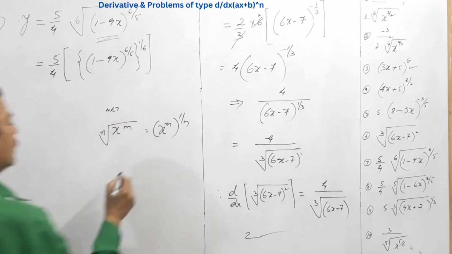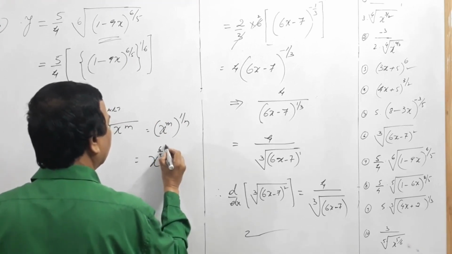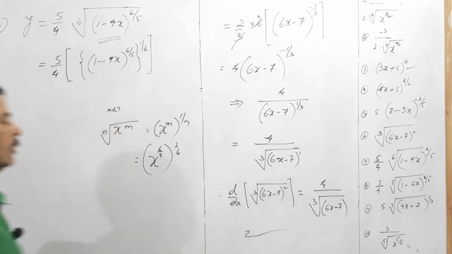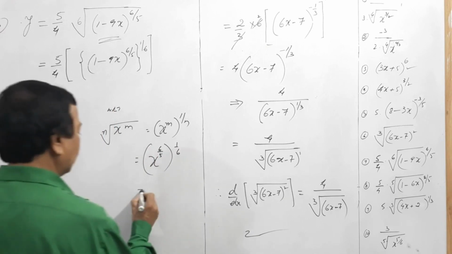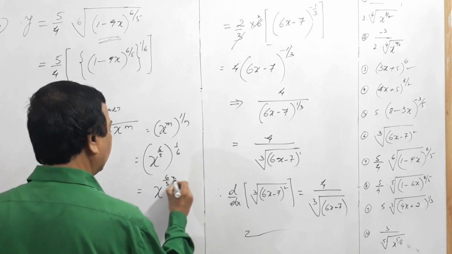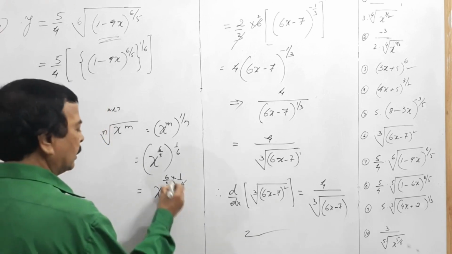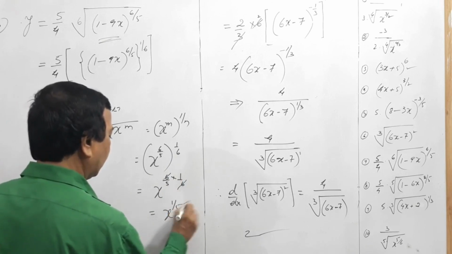So we have x to the power of 6 by 5 whole to the power of 1 by 6. So this becomes m into n. So this equals to x to the power of 6 by 5 into 1 by 6. So this 6 cancels, it reduces to x to the power of 1 by 5.